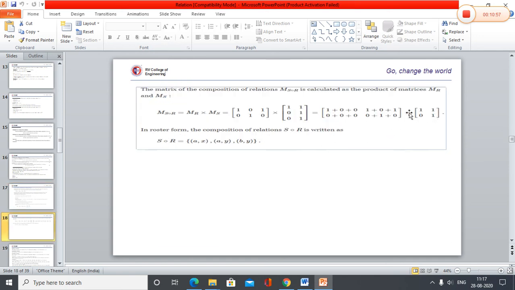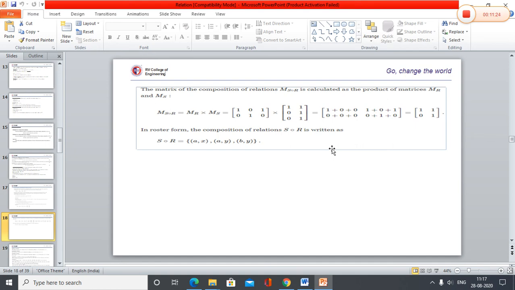The rows represent A and B and the columns represent the elements of the set C, X and Y. So this is AX and AY, this is BX and BY. AX and AY are present, so I write those ordered pairs, and BY is present, so I write that, but BX is not present because it is 0 here, so that will not come. So if I know the matrix, I can then write the corresponding ordered pair representation also.